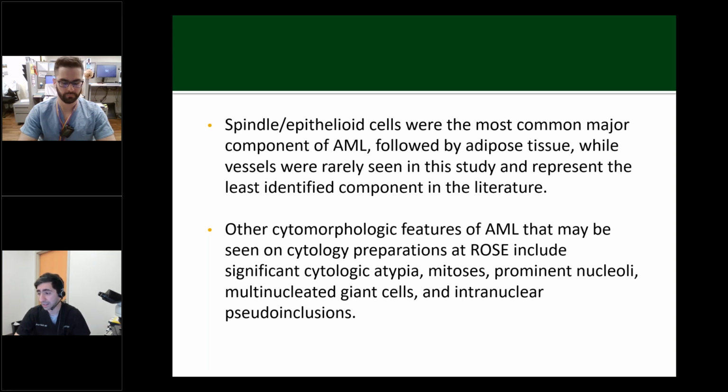Overall, the frequency of identification of major components of angiomyolipoma was similar to previous publications. There was no difference. Spindle cells were the most common, followed by adipose tissue, and vessels were rarely seen in this study and represent the least identified component in the literature.